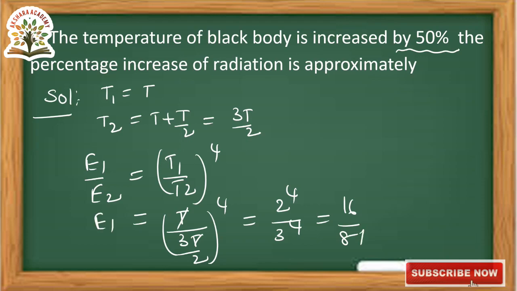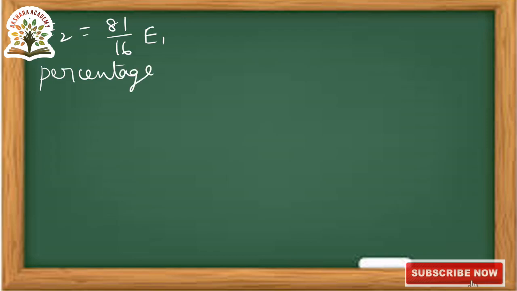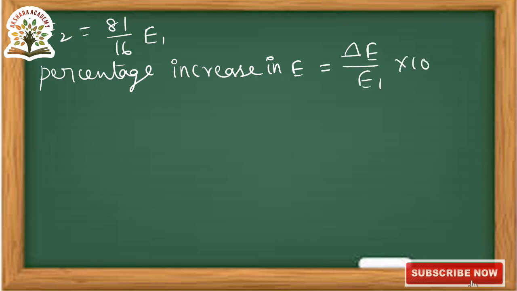So E1 by E2 is equal to 16 by 81. Now we can write E2 is equal to 81 by 16 E1. Now we are finding the percentage increase in E, which is equal to delta E by E1 into 100.